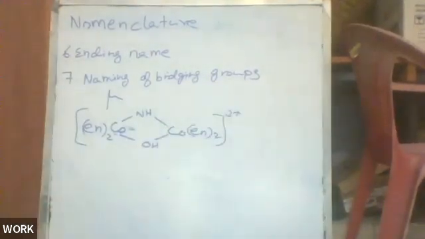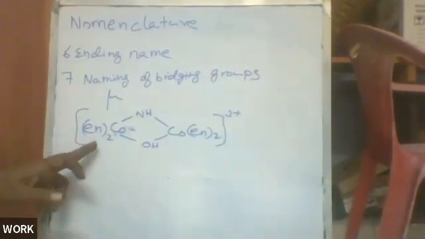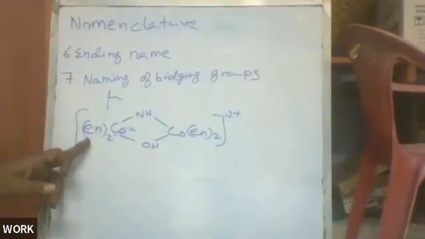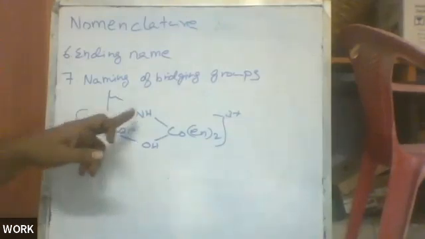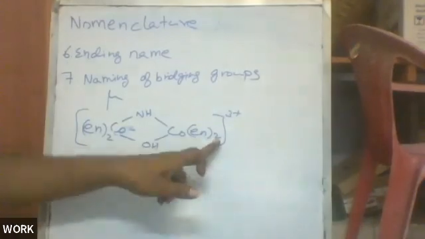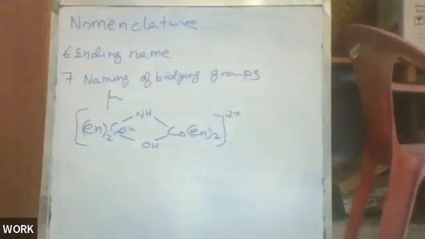So we have to name this complex. Both are 3 plus. Here the bridge is attached to 2 metals. So: bis(ethylenediamine)cobalt(III), mu-imido, mu-hydroxo, bis(ethylenediamine)cobalt(III) ion.